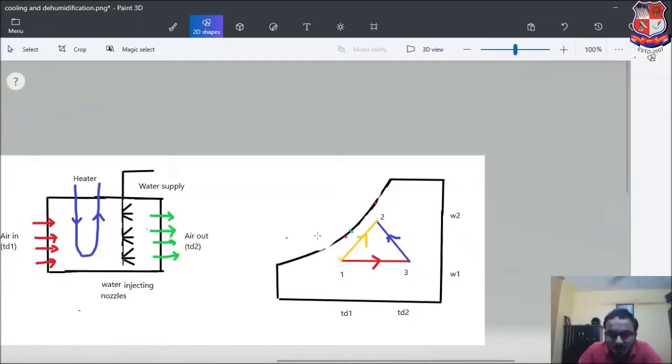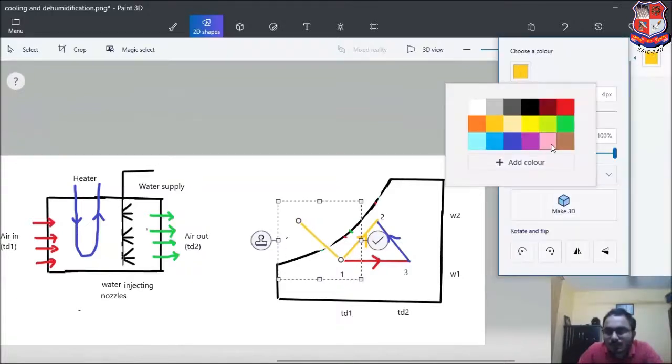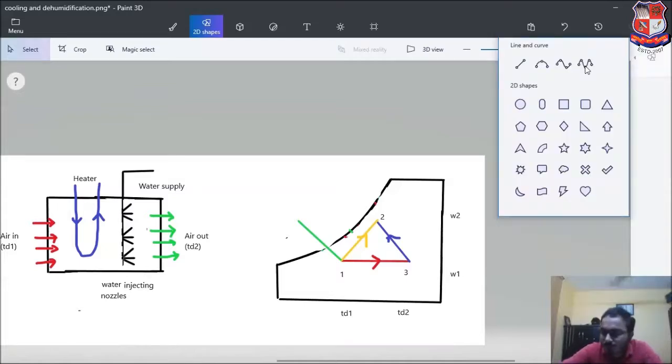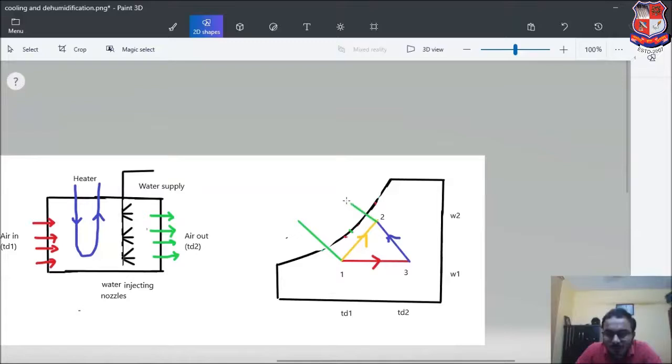then they will be from here and here it will be up to this.